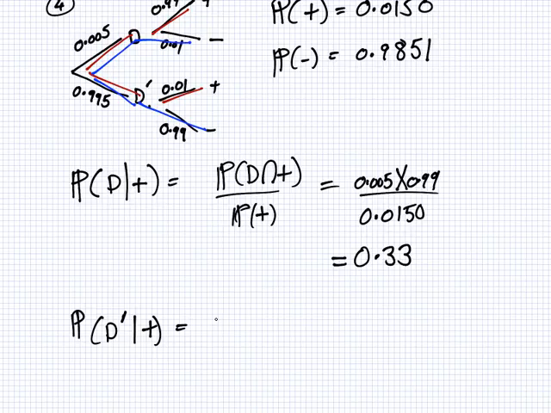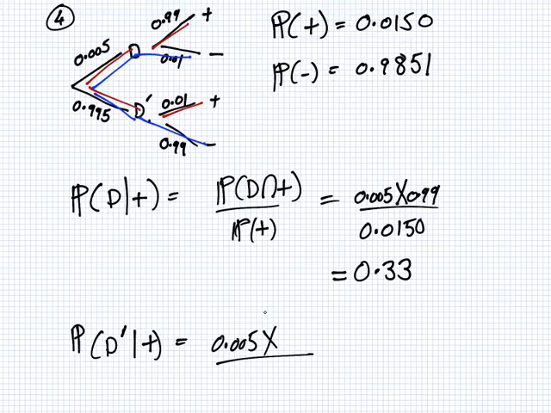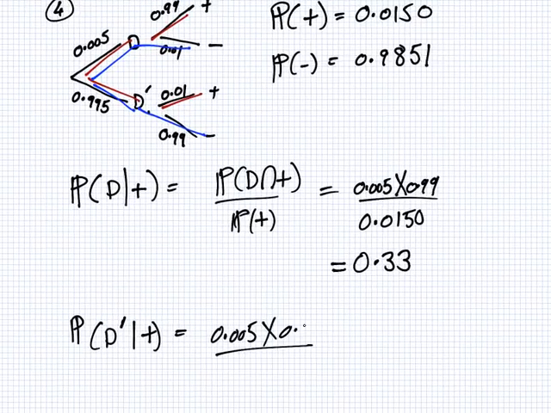Let me do it, please. Okay, not using drugs and positive over positive. Okay, not using drugs and positive. 0.005 times 0.99 over 0.0150.